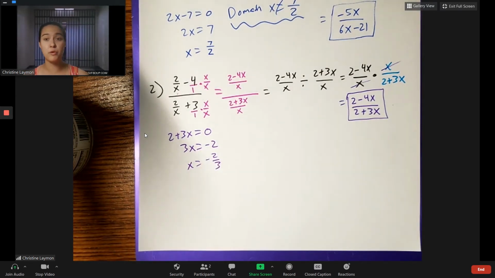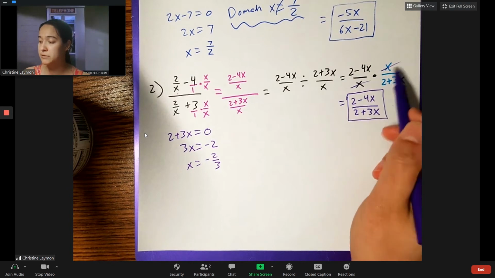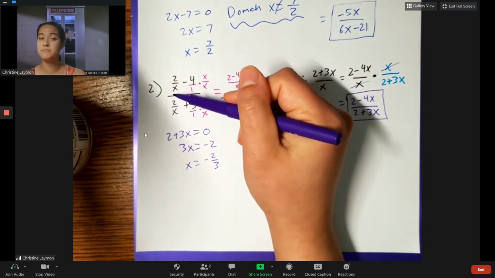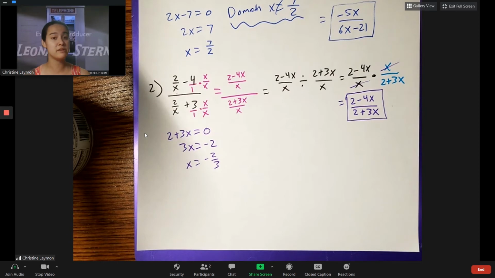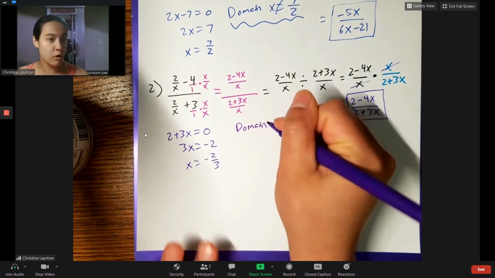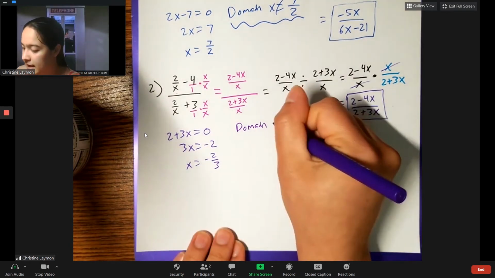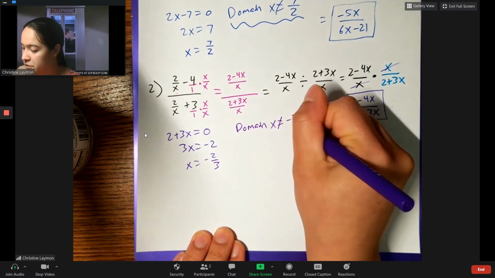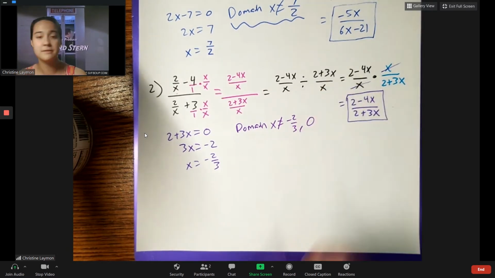And we have another one. I have these x's I canceled out, but also visible over here I have an x in the bottom, so the other issue is that x equals 0. So my domain is all real numbers, but x is not negative 2/3, and it's not 0.